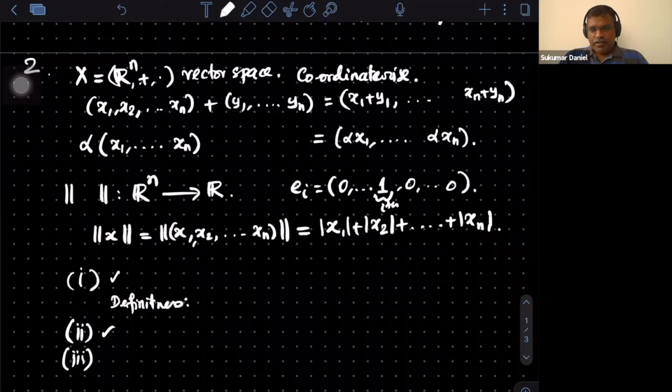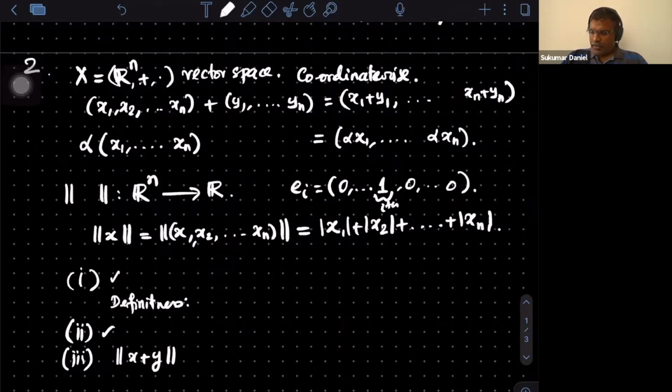What about the triangle inequality? We need to check the norm of x plus y is less than or equal to the norm of x plus the norm of y. That's what we need to check.